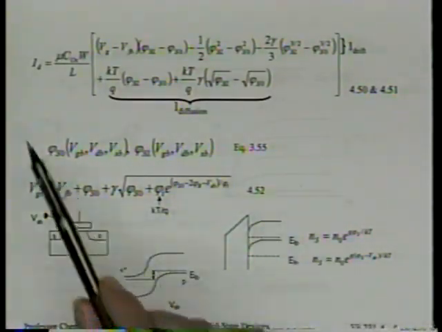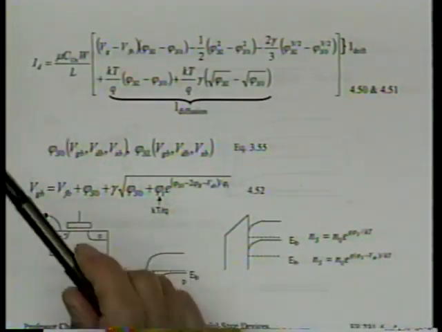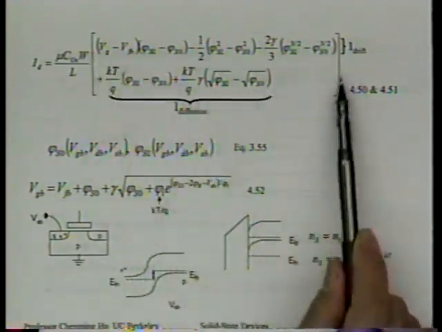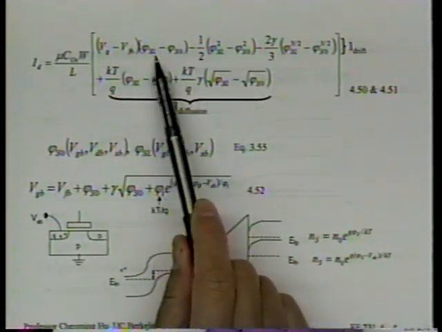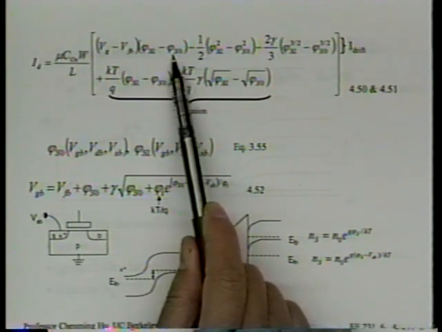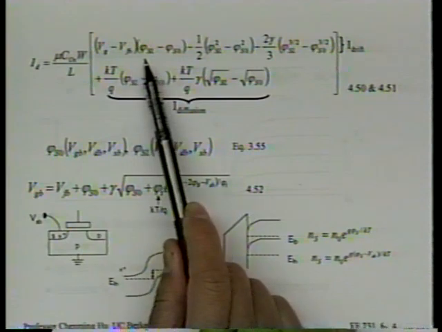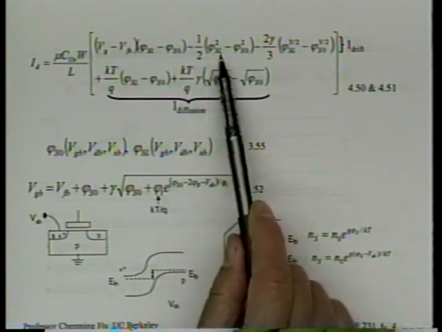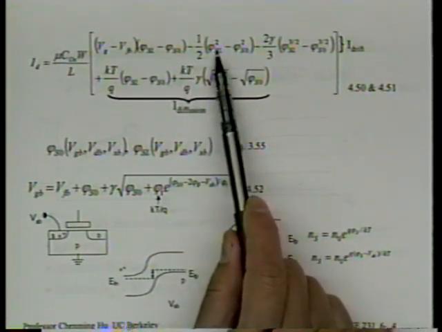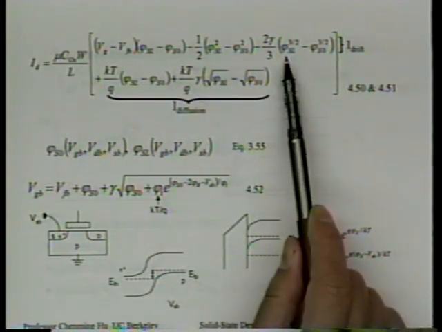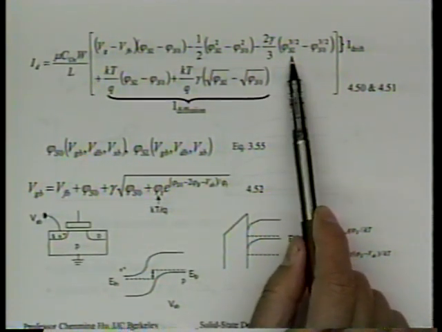Here you go. After we carry out the integration, we get a long expression, but it's only a function of phi s at L and phi s at 0. That's the first order term we expected. We also expected the second order term, and there we see them. And we expected the 3/2 power term, and we see them there.